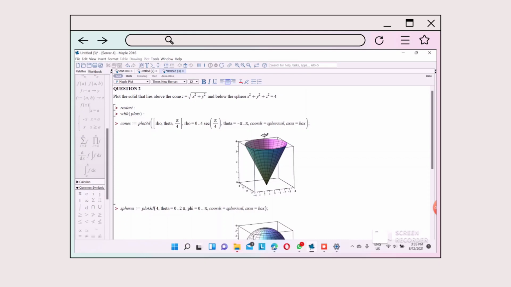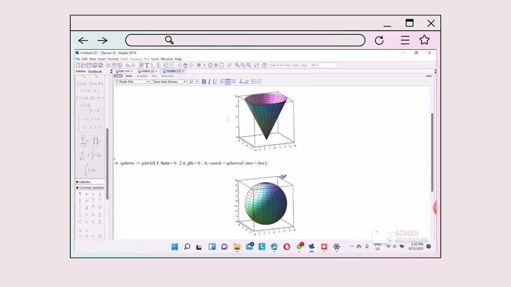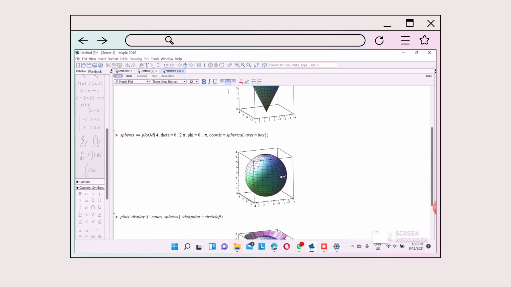The theta range is negative pi to pi, and because it is a spherical cone, it uses spherical coordinates, and we use coords equal to spherical and axes equal to box, so the graph is inside the box, and we get the graph like this. Next, for the sphere, use plot3d.